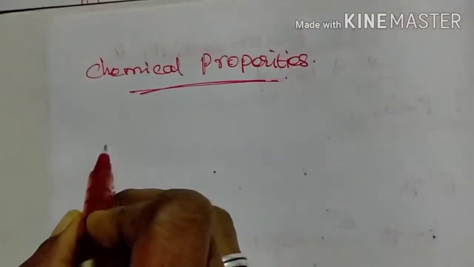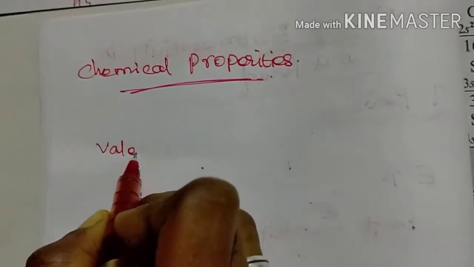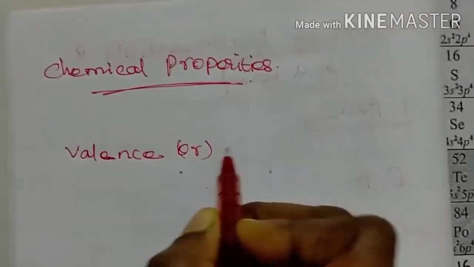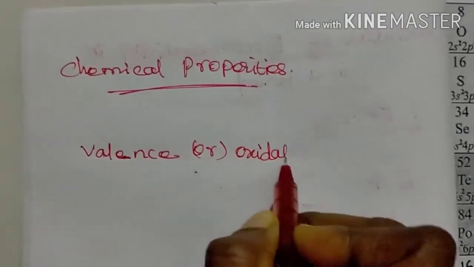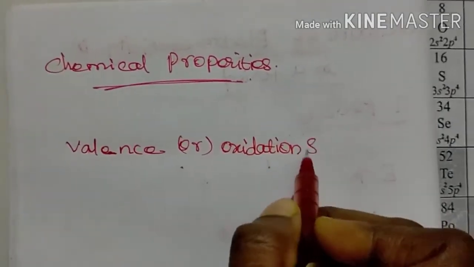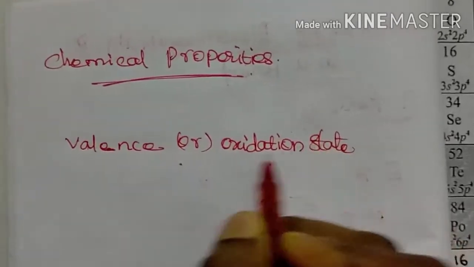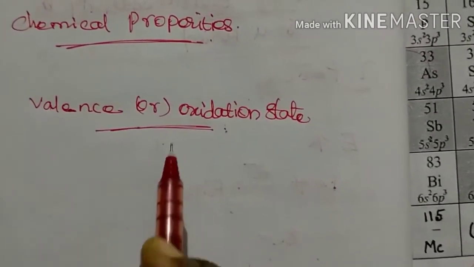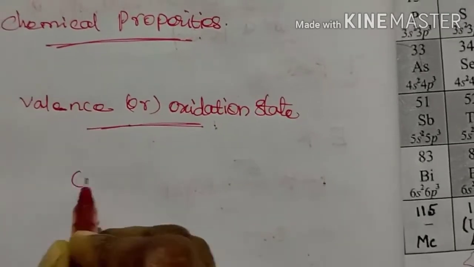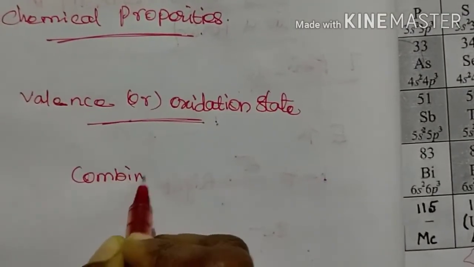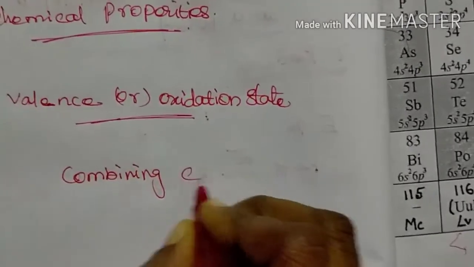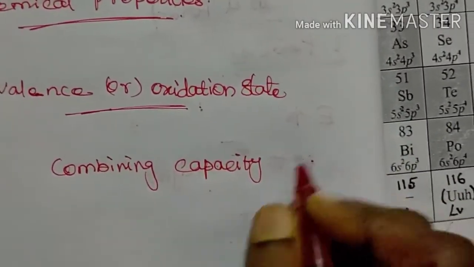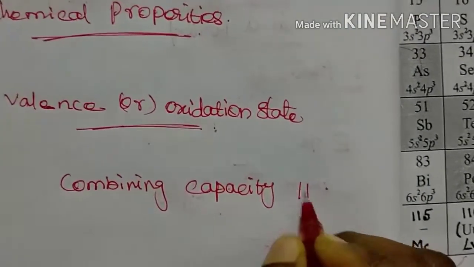The first chemical property is valence or oxidation state. Generally, valency of an atom is its combining capacity relative to hydrogen.